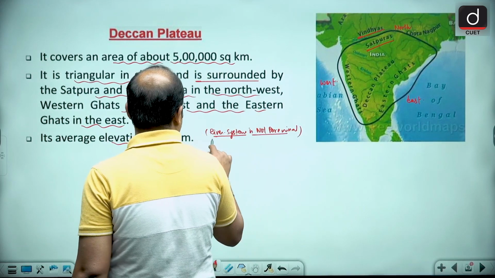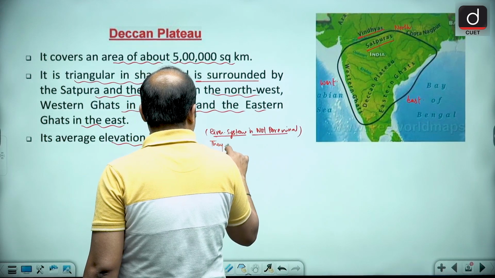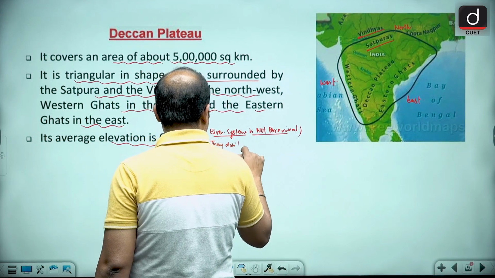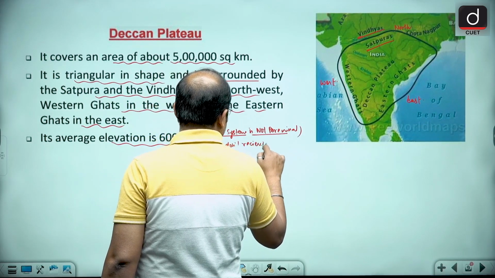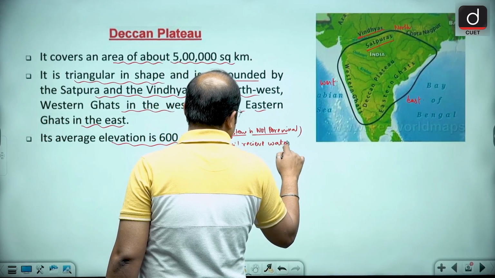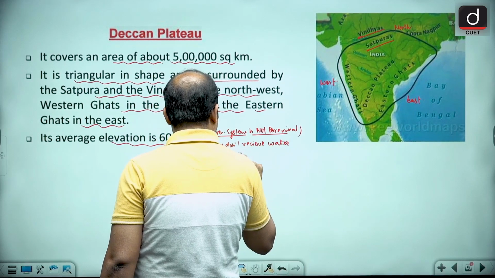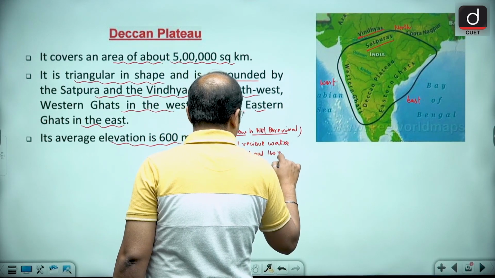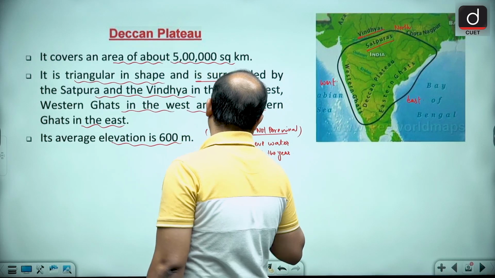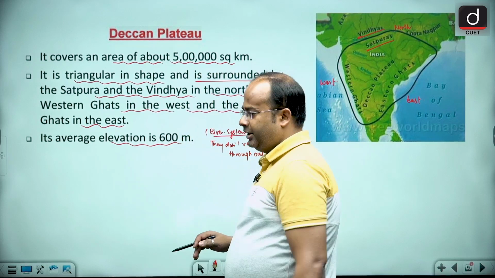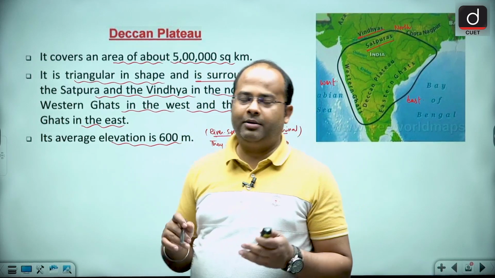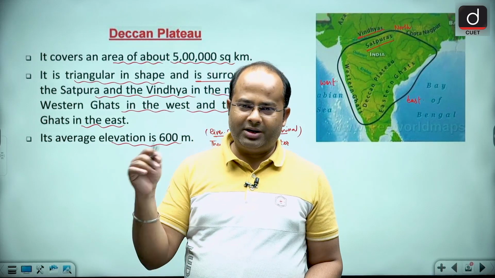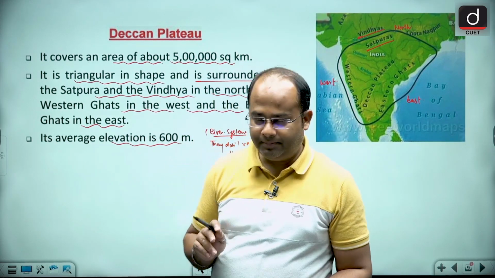That means they don't receive water throughout the year. They do not have their Himalayan origin, so they do not receive water throughout the year.